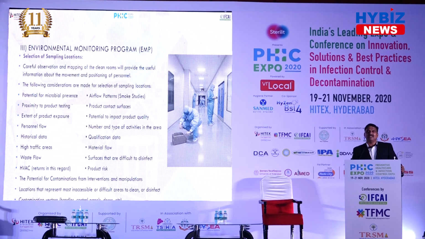Selection of sampling locations. For environmental monitoring, that is microbiological monitoring, the selection of sampling locations is a critical parameter. The selection is done by extensive, careful observation of clean rooms and mapping of clean rooms, where exactly the personnel are involved and where the equipment is placed.